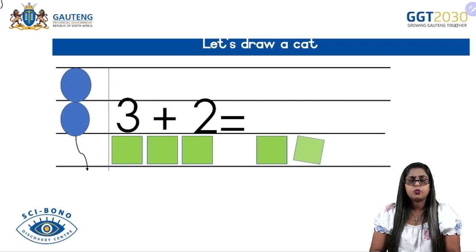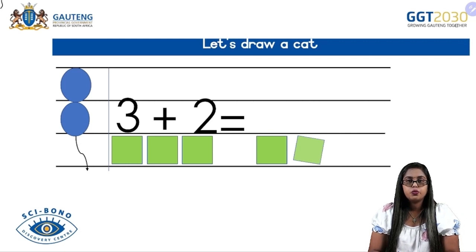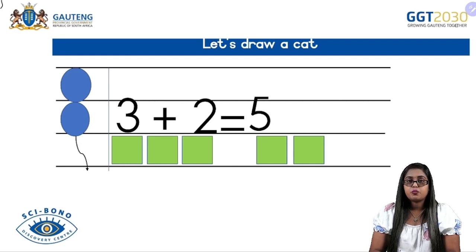How many are there altogether? Let us count them. 1, 2, 3, 4, 5. Do you have the answer as number 5? Very, very good. Well done, grade 1s.